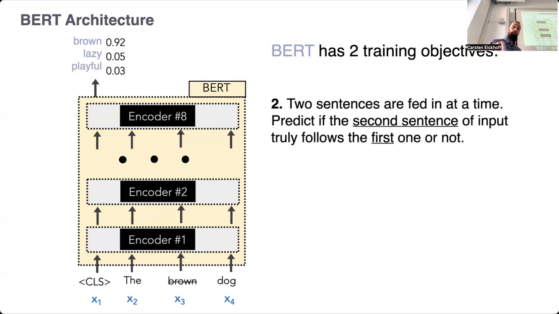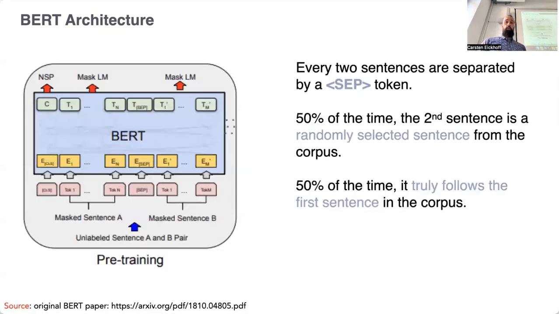And then the second objective in here is I'm feeding in 2 sentences at the same time, and you have to tell me whether the second sentence was actually the sentence that followed the first. Half of the time I give you the actual subsequent sentence, and half of the time you get some random sentence.